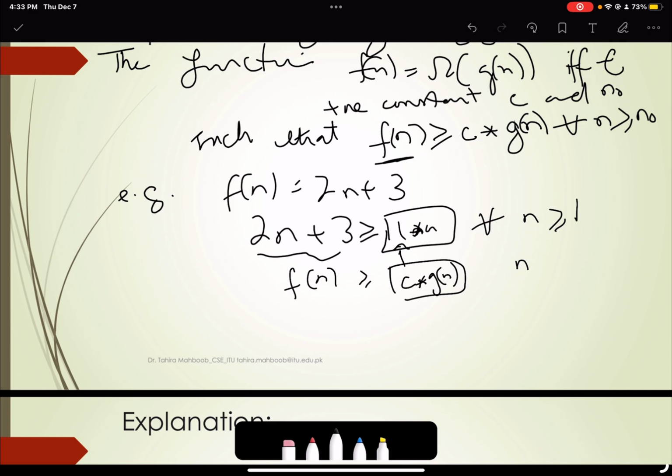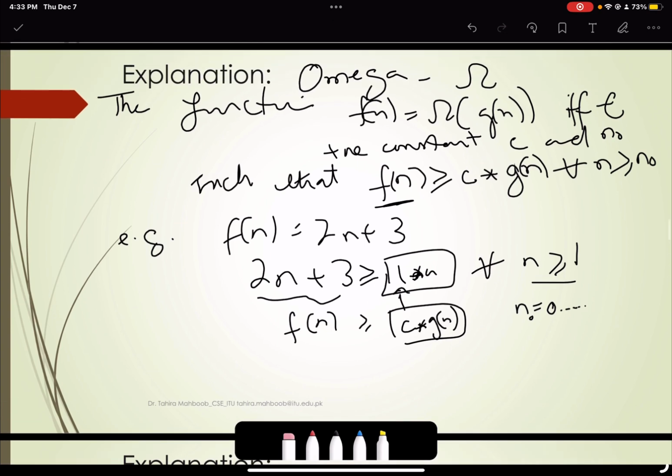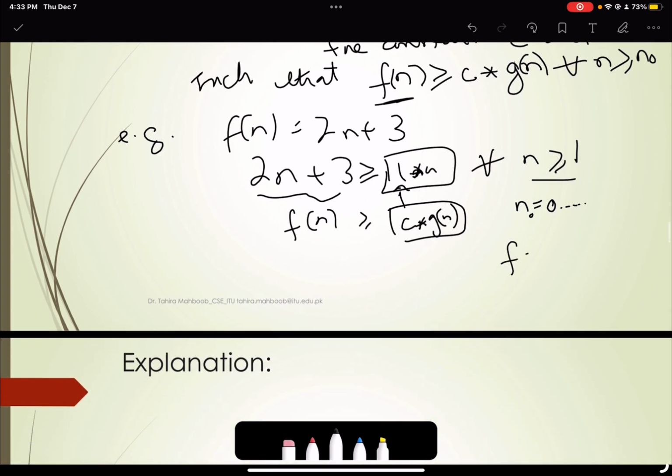So we start from n equal to n naught, which starts from 0 onwards. From 0 onwards to 1, greater than 1, we can say this holds true. So we can say your function f of n is omega of n in terms of n.